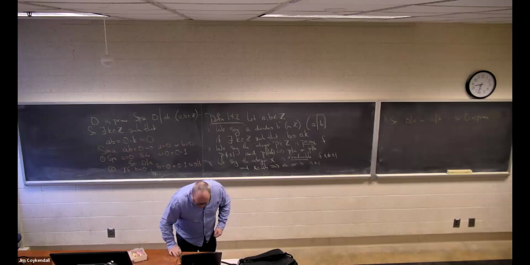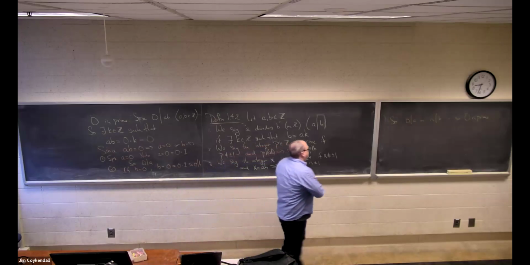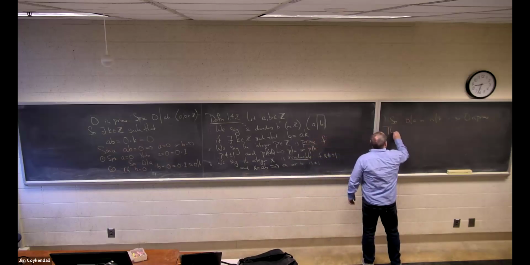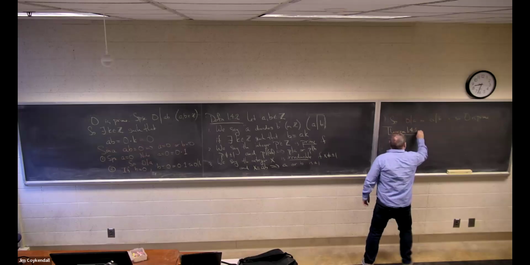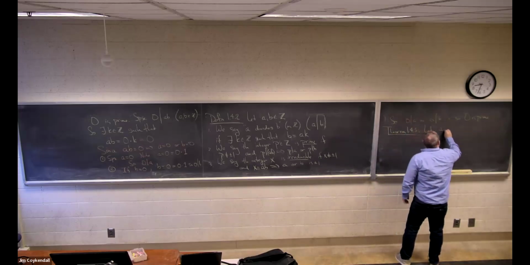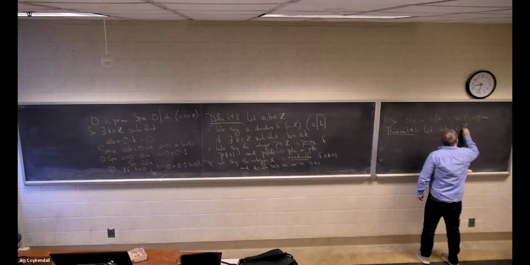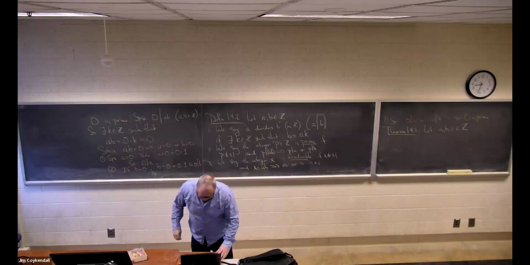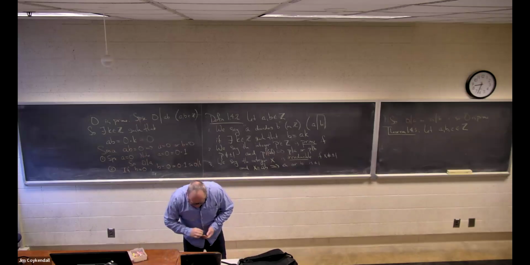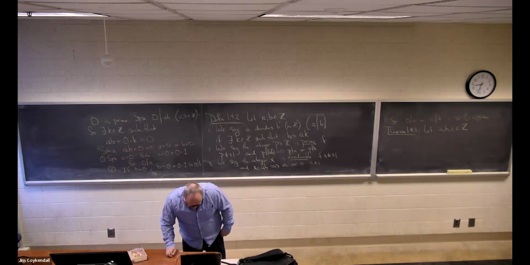Okay, let me prove a theorem. I'll give it to you first and then prove it. Let A, B, C be integers. The first one I want to talk about is transitivity.